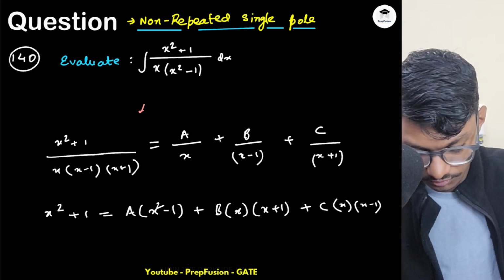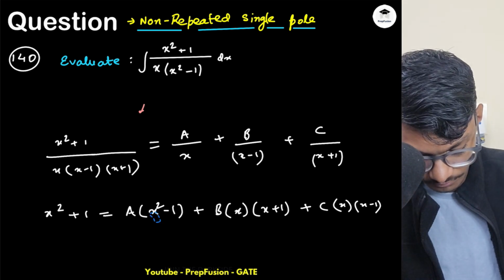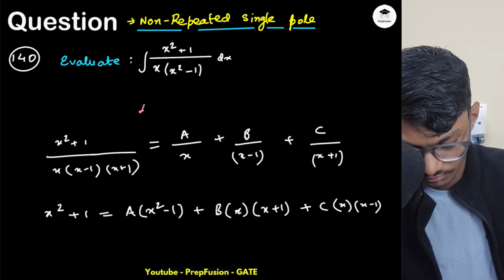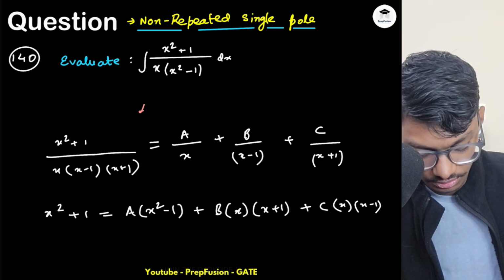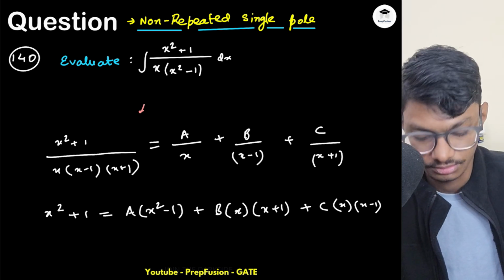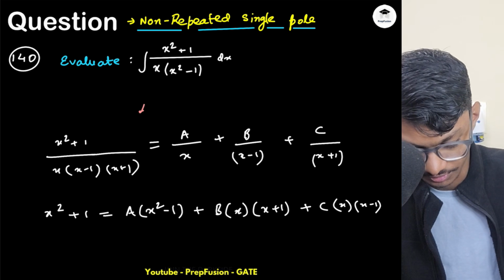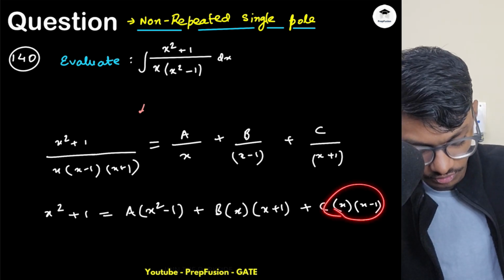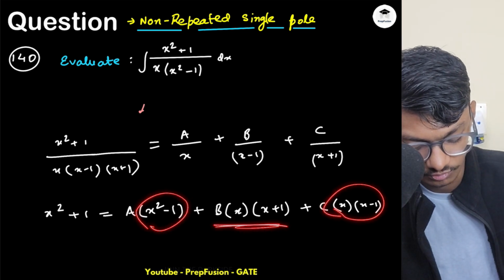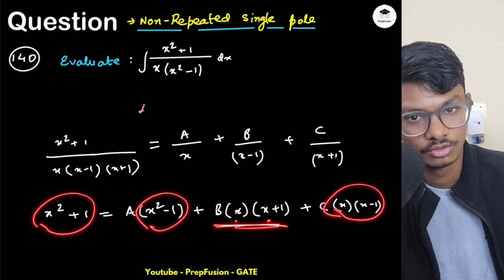Okay, so what I can do is equate the constant terms and the coefficient of x squared. Before that, I can put x equals 1. If I put x equals 1, this one will go to 0, this one will go to 0, this one will remain: 1 into 2 equals 2 itself.